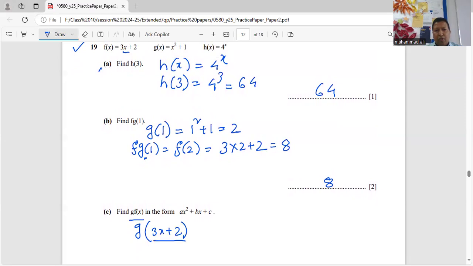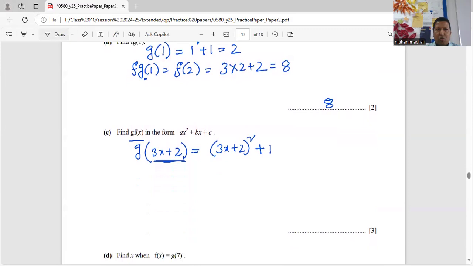Now this 3x plus 2, we have to put in the g function instead of x. So it will be (3x plus 2) whole squared plus 1. If we break down (3x plus 2) whole squared, we'll get (3x) squared plus 2 into 3x into 2 plus 2 squared plus 1.